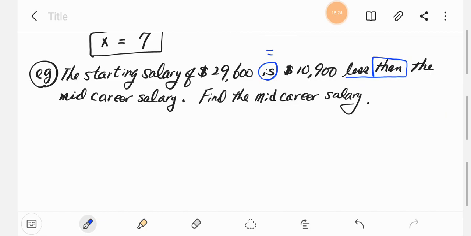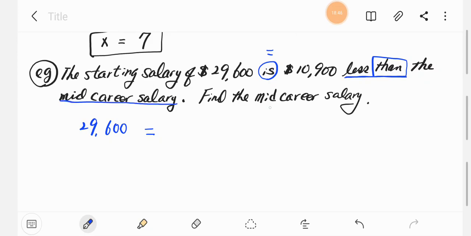So the left side of the equal sign will be 29,600. This is the starting salary. And the right side of the equation is 10,900 less than the mid-career salary. The mid-career salary is the one we are looking for. So let's say this is unknown. If it's an unknown, then make it a variable.